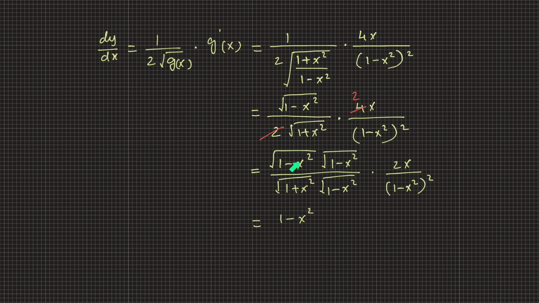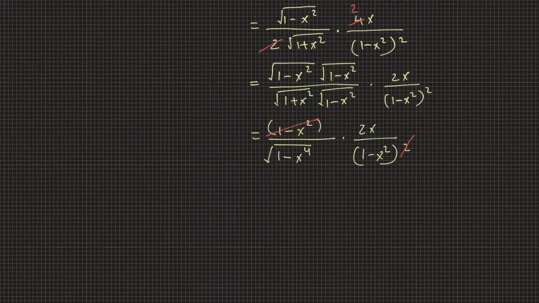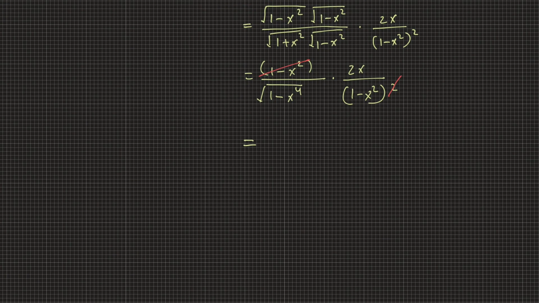The numerator here becomes 1 minus x squared, and the denominator is root 1 minus x to the 4, times 2x divided by 1 minus x squared whole squared. Now cancelling out 1 minus x squared with 1 minus x squared in the denominator, we obtain dy/dx equals 2x divided by root 1 minus x to the 4 times 1 minus x squared.